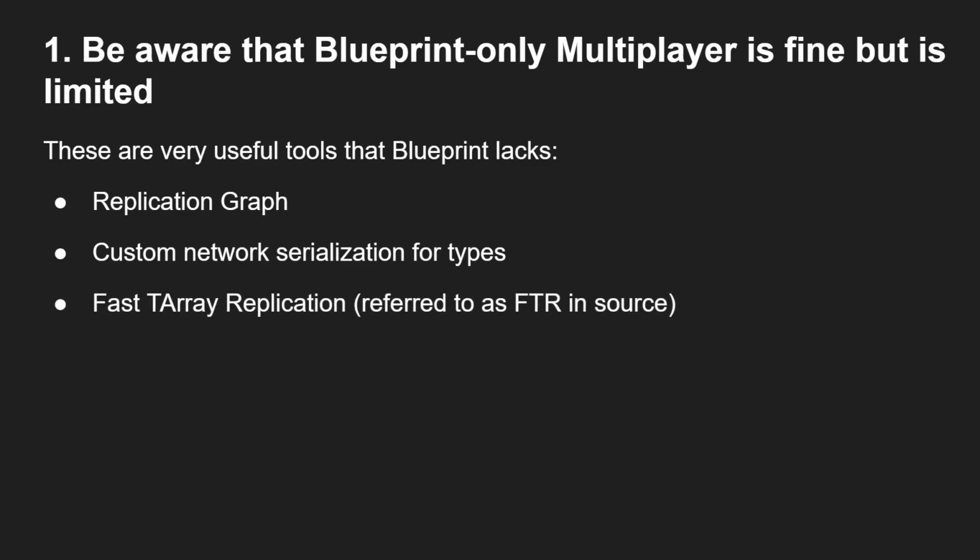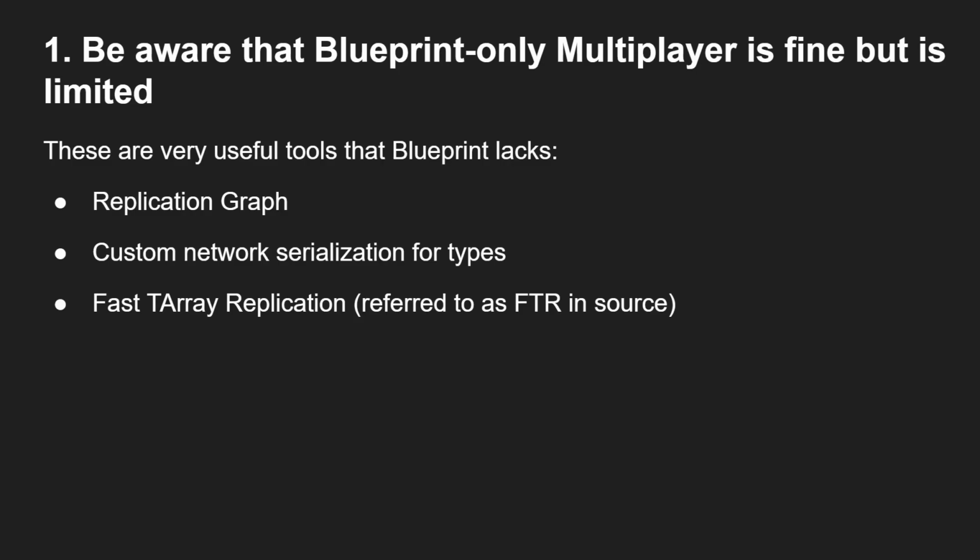Another thing that blueprint lacks, sadly, is the fast TArray replication. You're probably already familiar with the TArray container that Unreal Engine has, but fast TArray replication is a more sophisticated TArray that is, in my opinion, better used for when the TArray gets bigger in size.